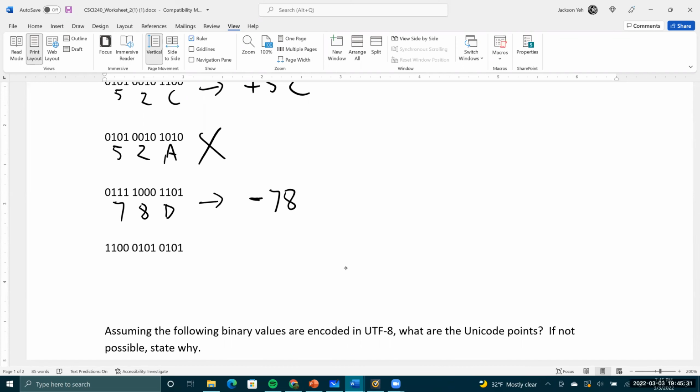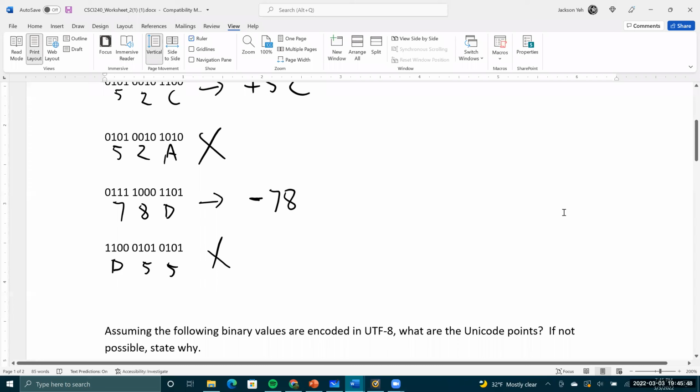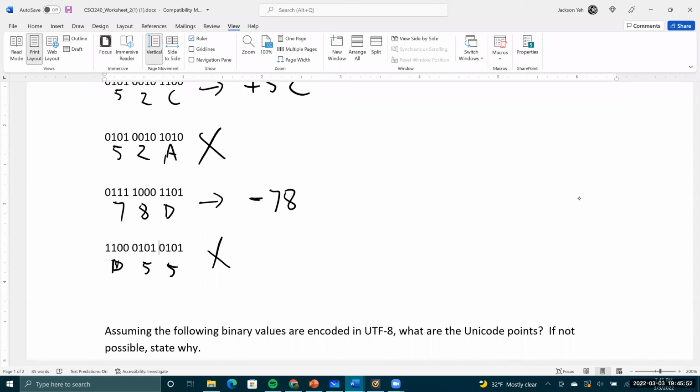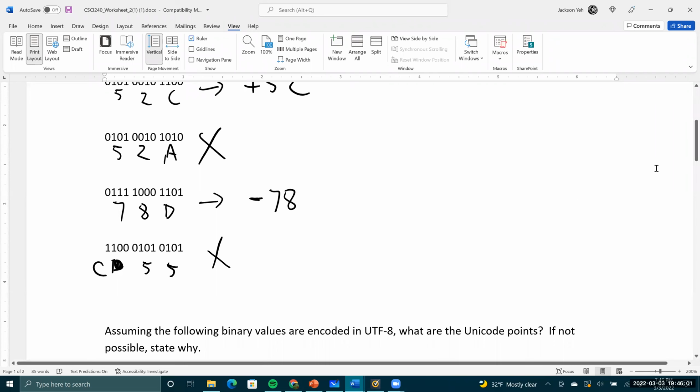This is D55. Is this valid BCD? No, because the sign needs to be toward the end of the number, not the beginning. Isn't that C? Oh, my bad, C55. It's still not valid BCD, because the sign needs to be at the end, not at the front.